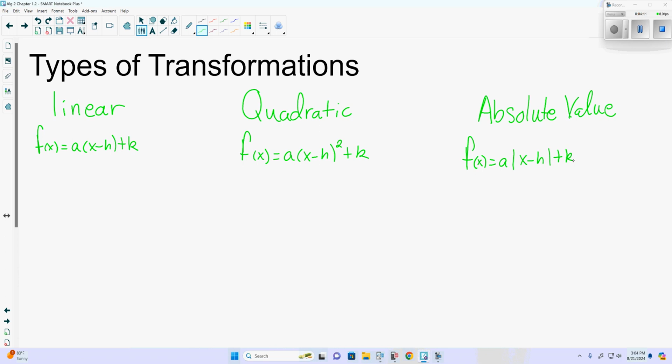But I write them out for all three because they do look a little different, given it being quadratic, absolute value, or linear. So it's good to have a list of all three. All right. Now we will be coming back to this slide to write in what a, h, and k do as we get to it. Okay. Questions on this so far?